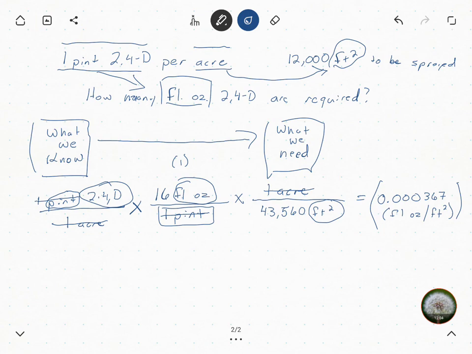And so the final step for this problem is to figure out how much we're going to need for the area that we're actually going to be spraying of 12,000 square feet.